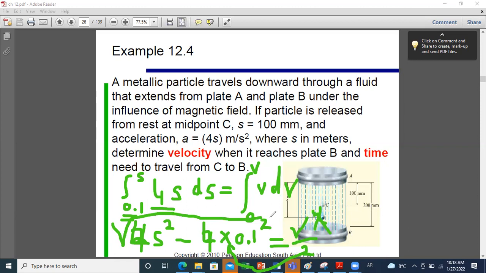This will give you the expression of v as a function of s. And now, to know the velocity when you reach point B, you just have to do a numerical replacement. You replace s here by s of B equals 0.2. This will give you the value of vB. Okay. Any question on this step?